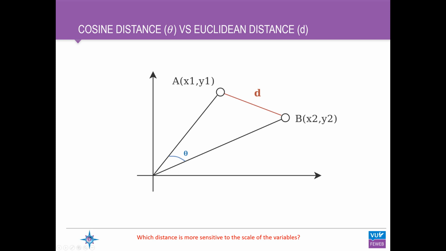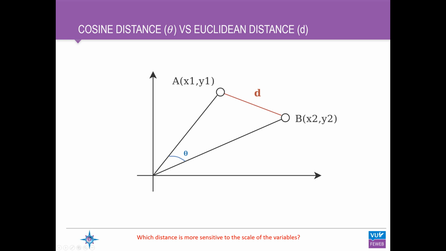So what you see when you calculate the distance between A and B with the Euclidean distance, you take the final points and you calculate the distance between them. That means it becomes a very large number. The cosine distance uses these lines and just calculates the angle between the two lines.